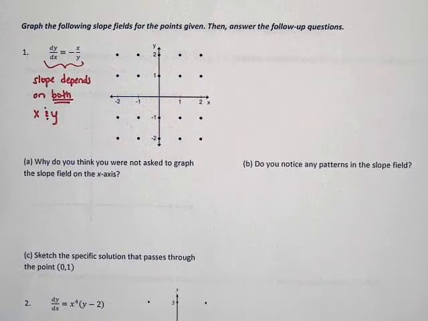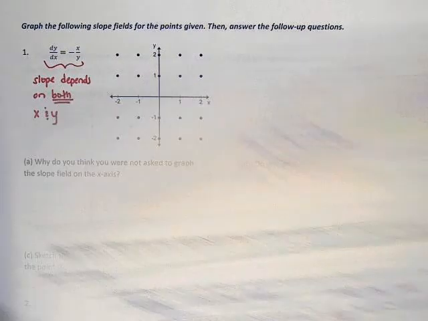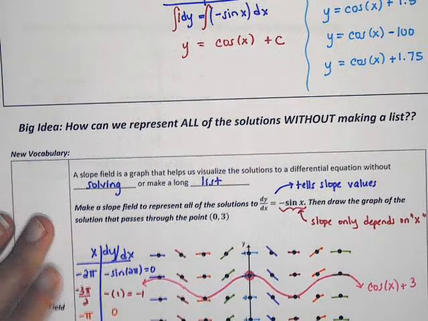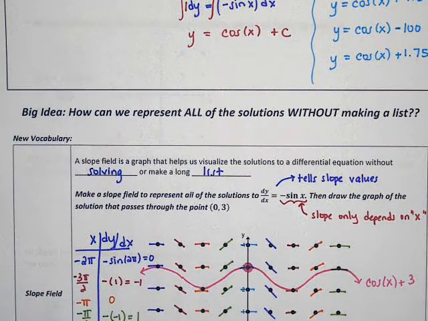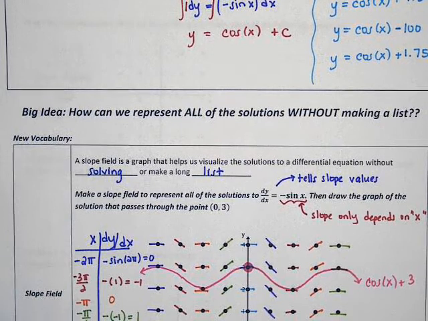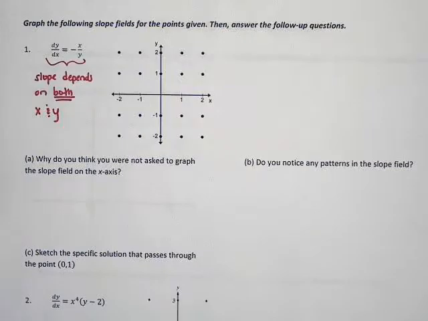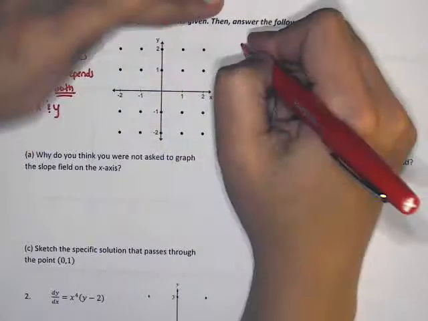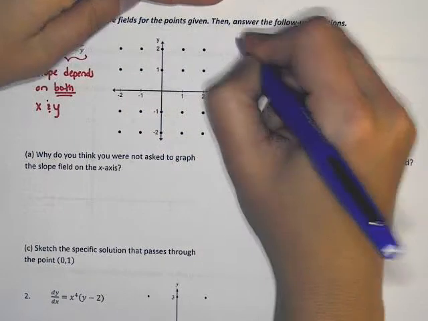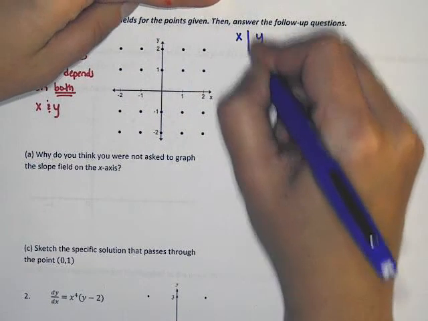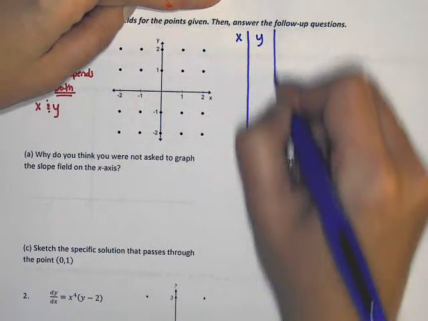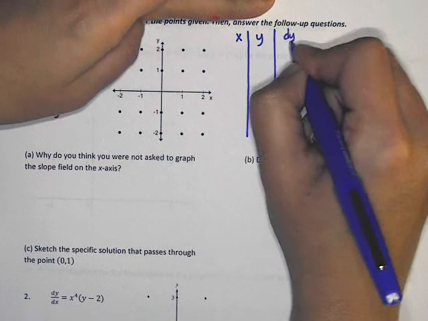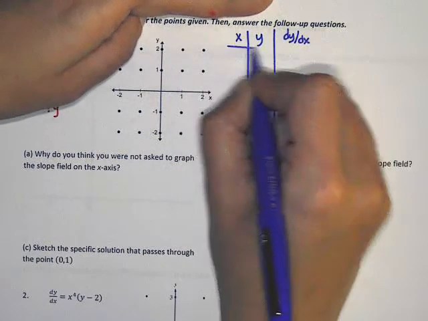Because our other slope on this page only depended on the x, I only needed the x value of the ordered pair that I was looking at. So I only looked at the x-axis. Since this one depends on x and y, we're going to need to have the x and the y value of our ordered pair and use both of those to figure out dy over dx.